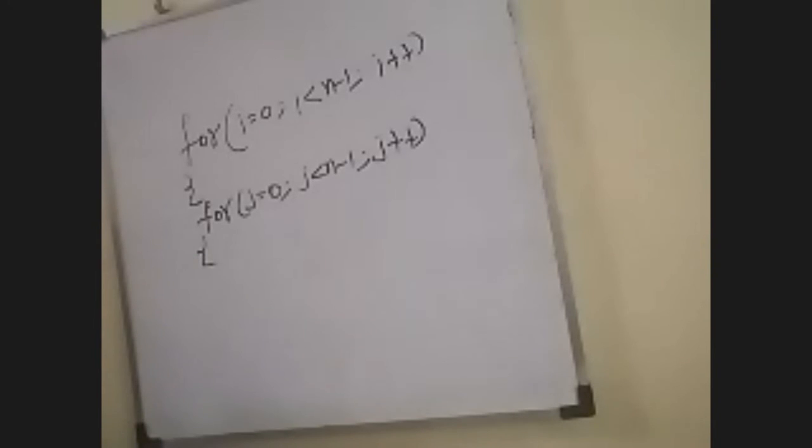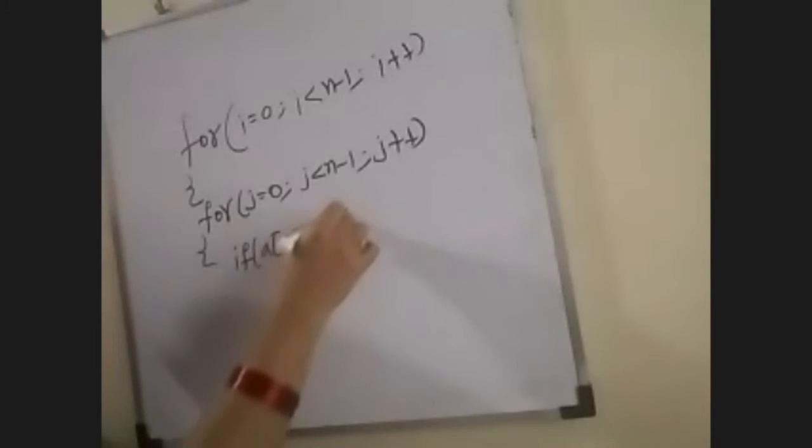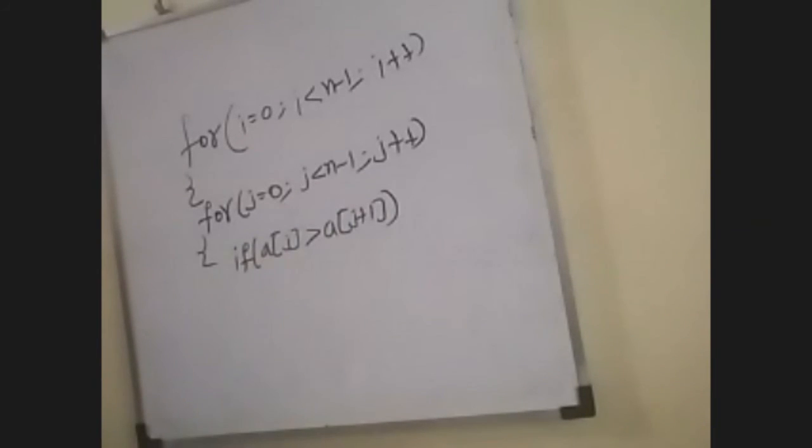Next, you have to compare each and every element with the next element. If a of j is greater than a of j plus 1 and the condition is true, then it will perform swapping.